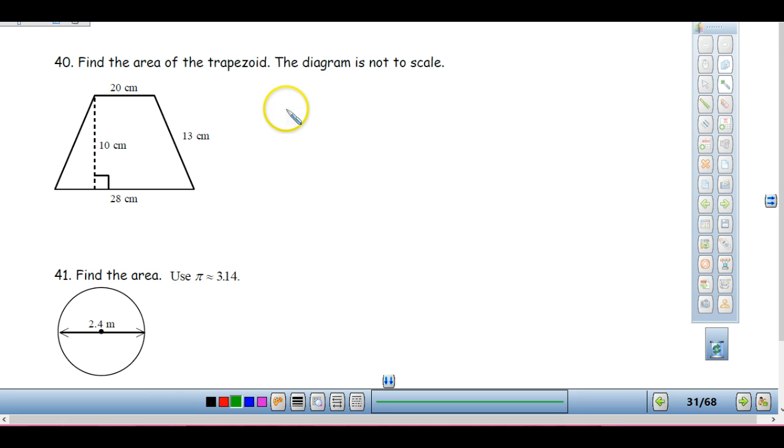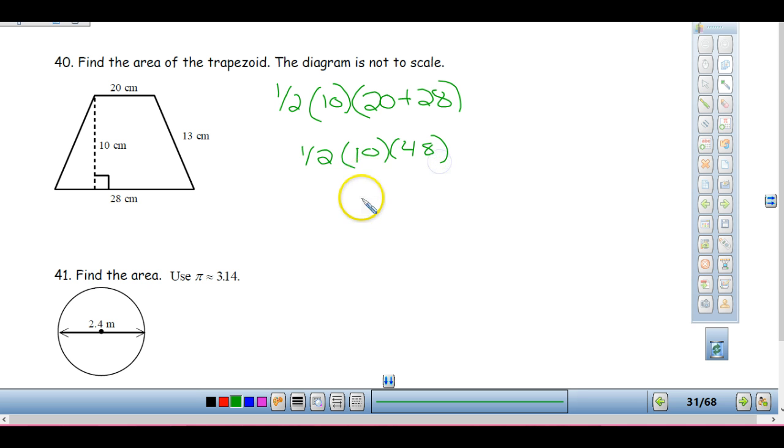Okay, again, area of a trapezoid, 1/2 times the height times base 1 plus base 2. So you end up with 1/2 times 10 times 48, or 1/2 of 480, which is going to give you 240 centimeters squared.